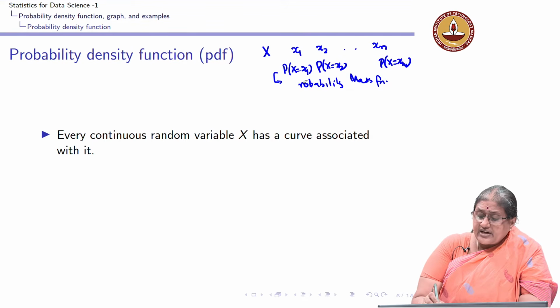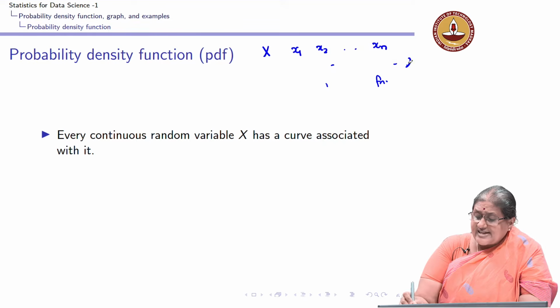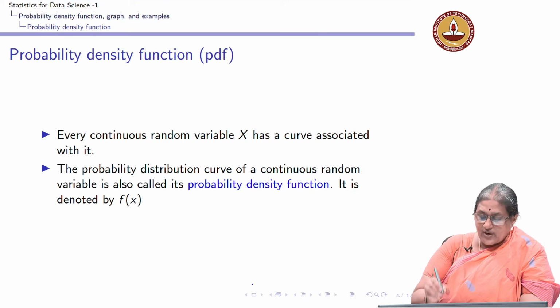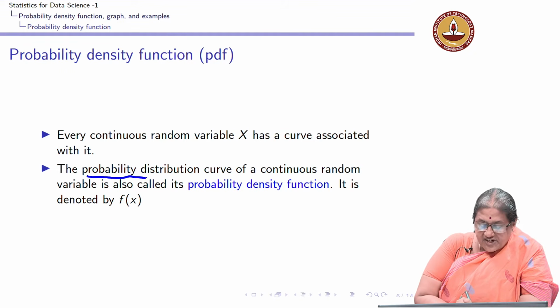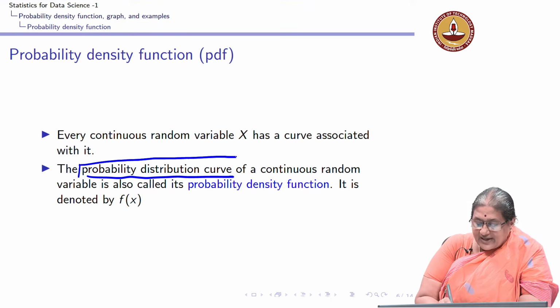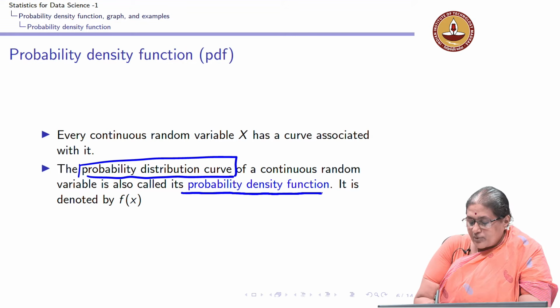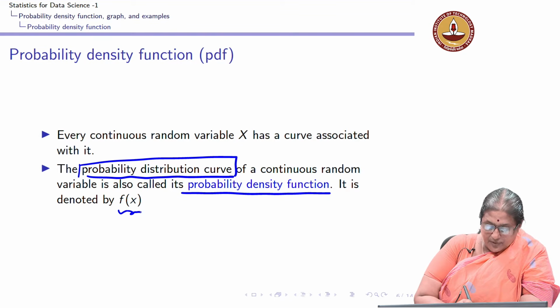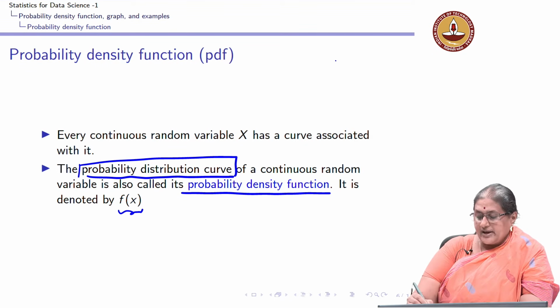But in the case of a continuous random variable, x does not take the values x1, x2, ..., xn, rather x belongs to an interval, and the probability mass function is in a sense approximated by what we call a probability distribution curve, and this is referred to as a probability density function. I refer to the probability density function by lowercase f of x.